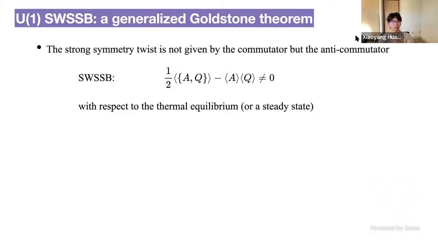But if you have a strong symmetry, you are allowed to act similarly on two sides. Because the operator doesn't change if you act on one side, if you act on two sides it still doesn't change. So if you expand this kind of operation to leading order, what you get is the anti-commutator.